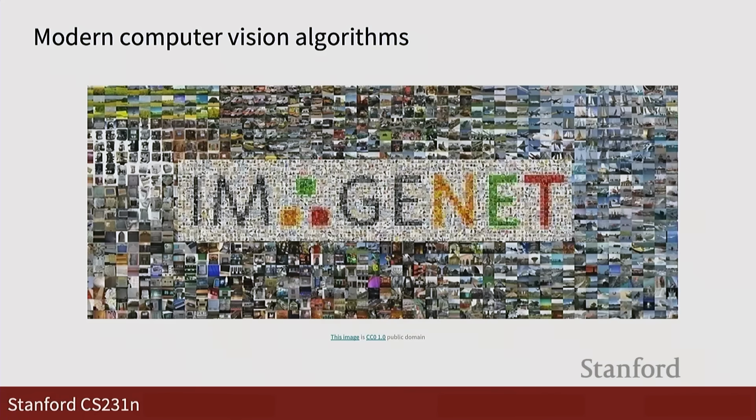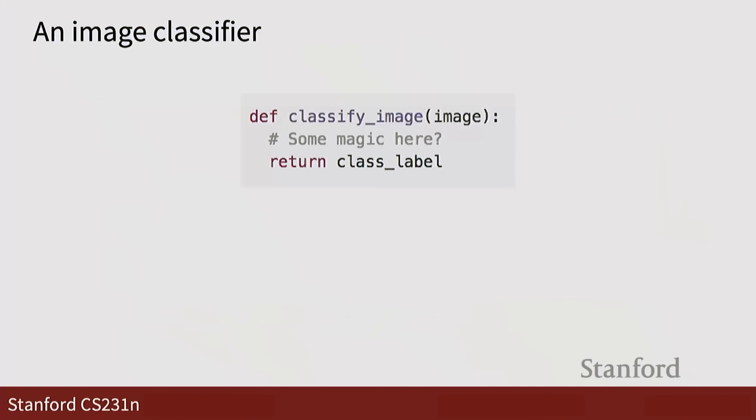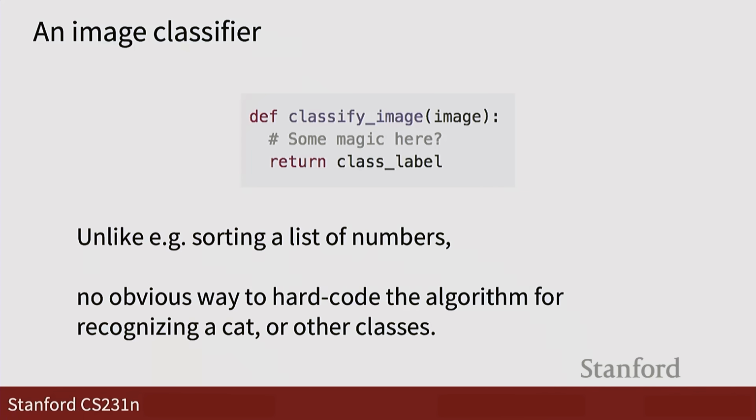For the rest of this class, we are going to be working towards building step by step the building blocks that are needed for building those large algorithms. And before doing so, we have to look at the most basic building block of classifying an image, and that is implementing a function like this.